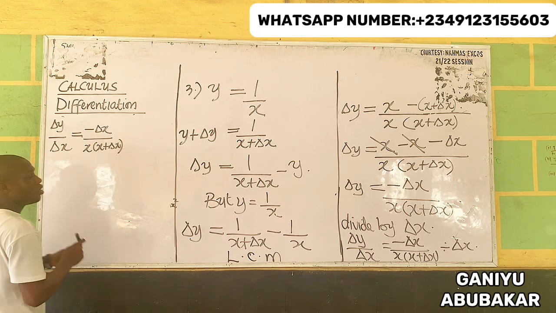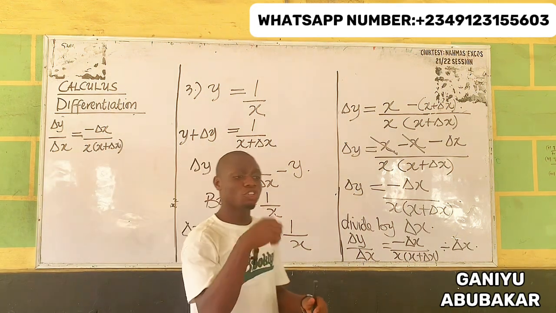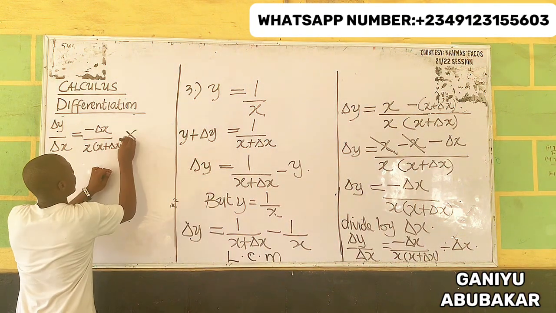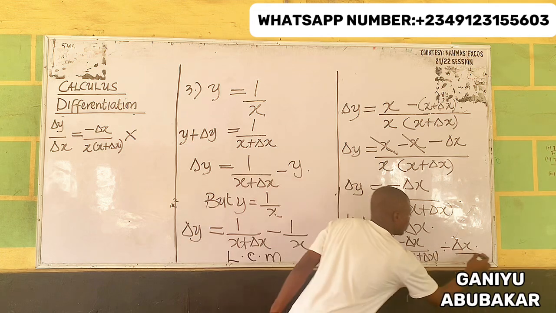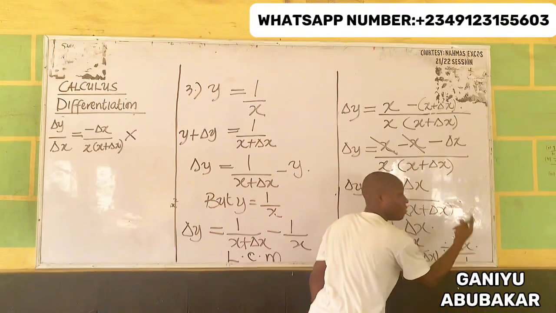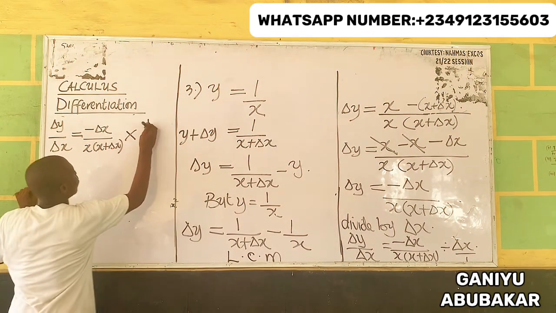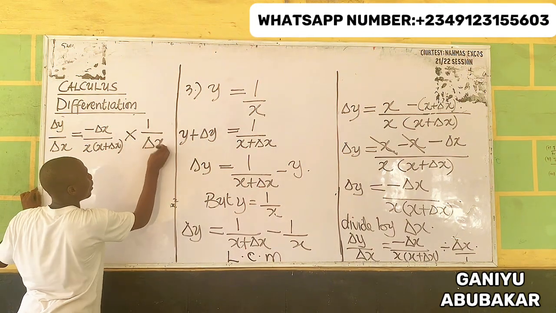Are we good? Now there's a way I can convert division to times. So I'll write down times here. There's an invisible 1 here. So this down will come up first, and this will come down. So I have 1 over change in x.